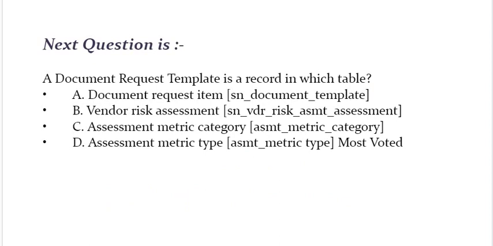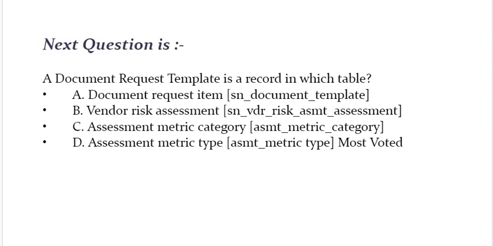Question is, a document request template is a record in which table? Option A, document risk item SN underscore document underscore template. Option B, vendor risk assessment SN underscore VDR underscore risk underscore ASMT underscore assessment.